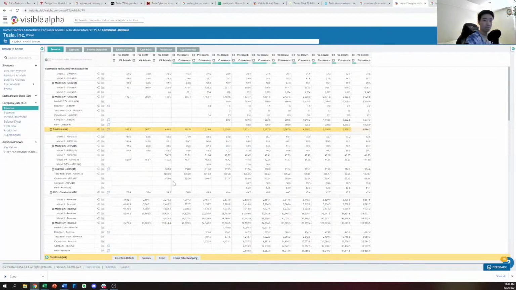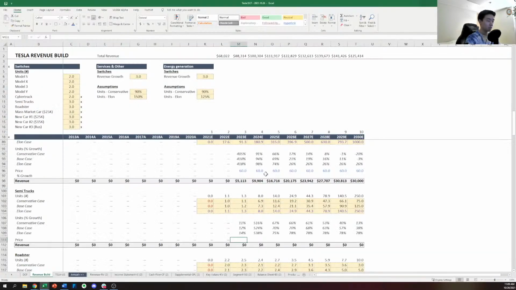Semi trucks. $180-ish. Well, let's say it's 182.5.